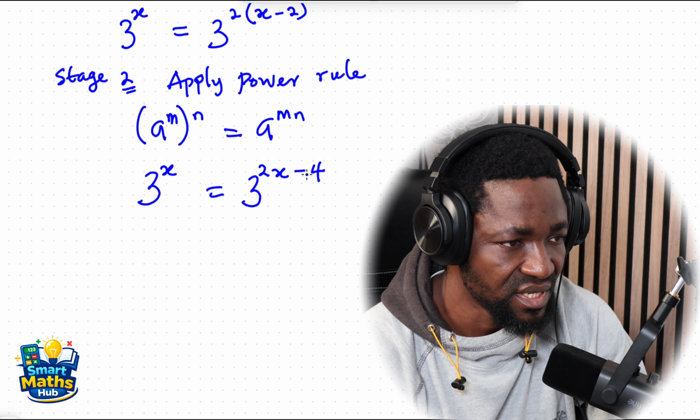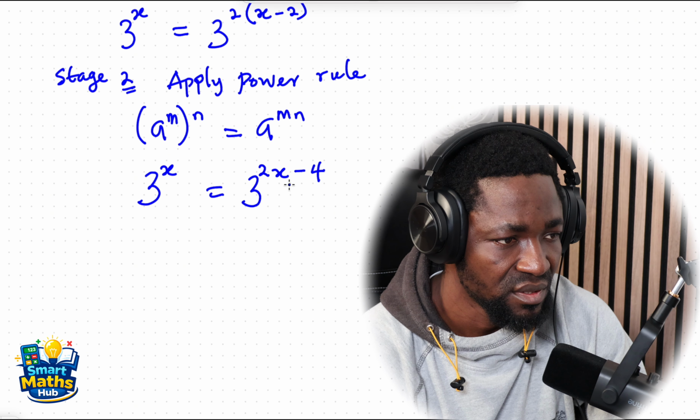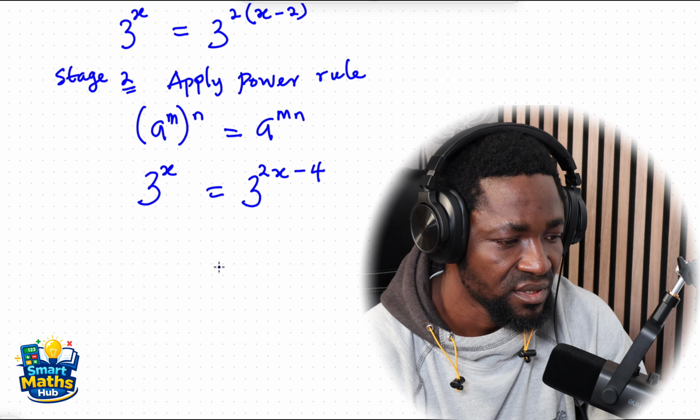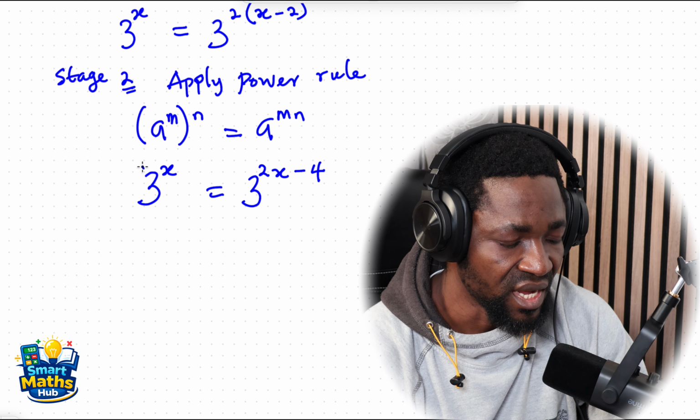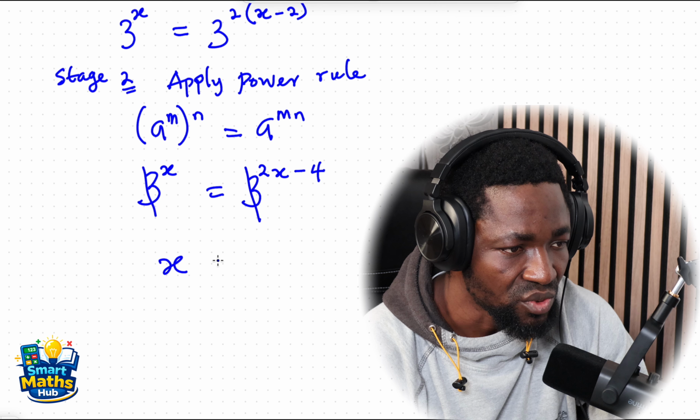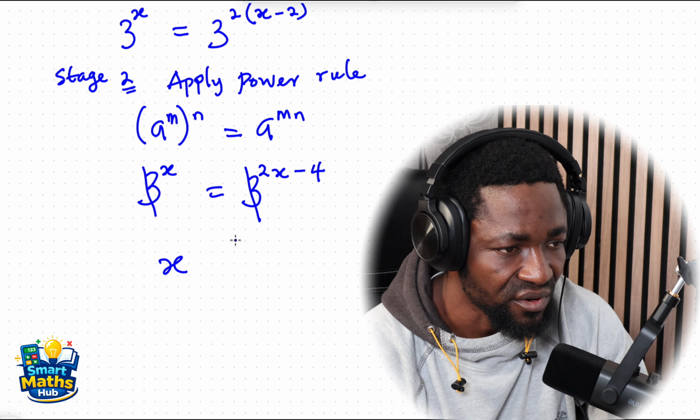The next stage is to isolate the base. Cancel the bases, and we have x equals 2x minus 4.